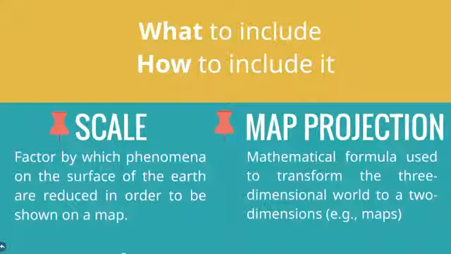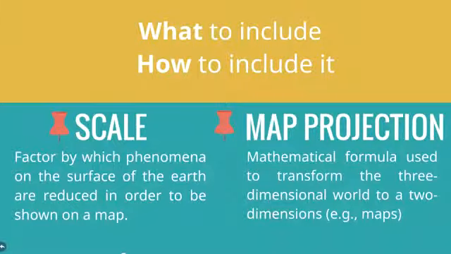And put simply, a map projection is the mathematical formula that we use to transform the three-dimensional Earth into 2 dimensions so the Earth can be represented, for example, on your computer screen or in a book or as a hard copy map. So scale and map projection are very important considerations to think about when working with geographic information systems and maps in general.